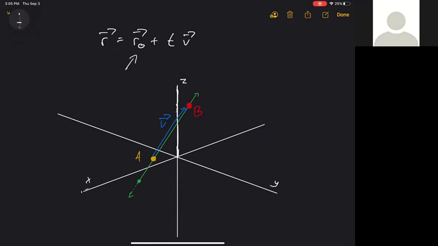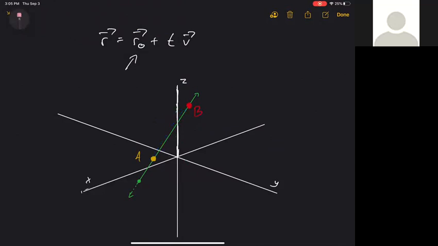Even if I use the vector going from A to B, I could use either A or B as my point, R0. And if you don't believe me, write both equations of the line using either one, and you'll see that our location for different values of t might be a little different, but we'll still be on the line.